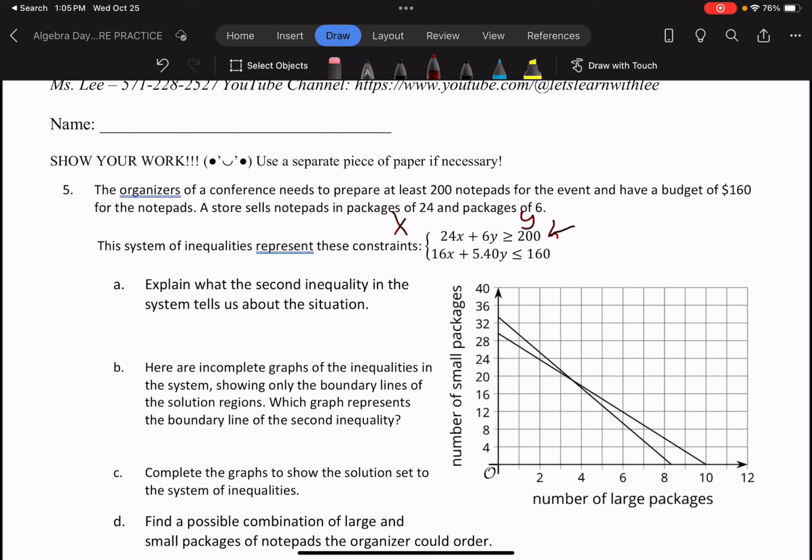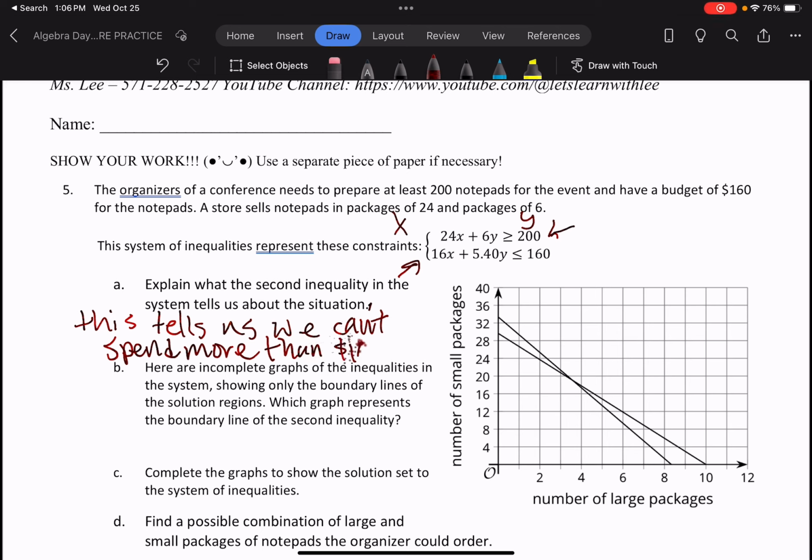So explain what the second inequality in the system tells us about the situation. So it's asking, what does this inequality tell us? So this tells us we can't spend more than $160, right?